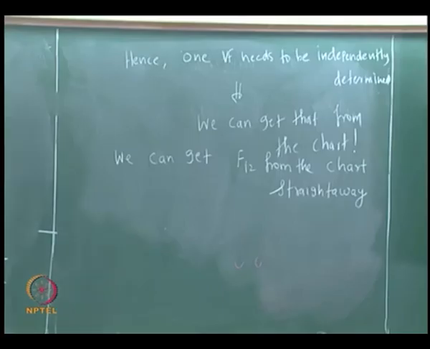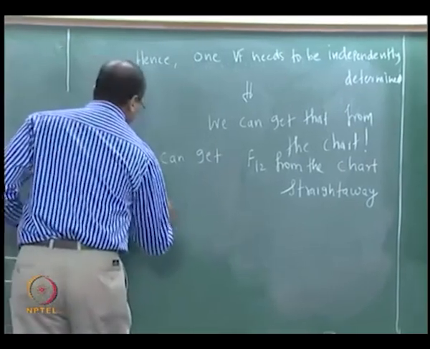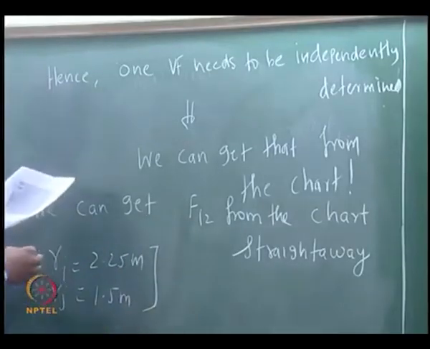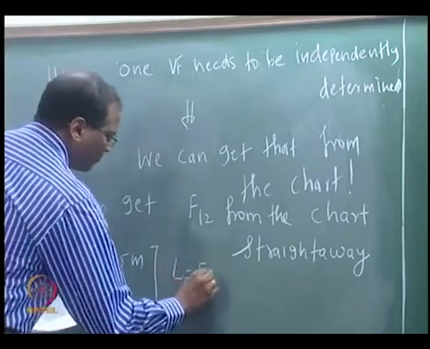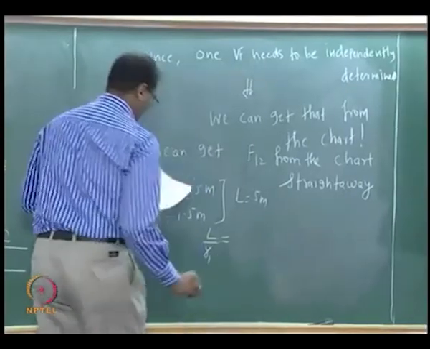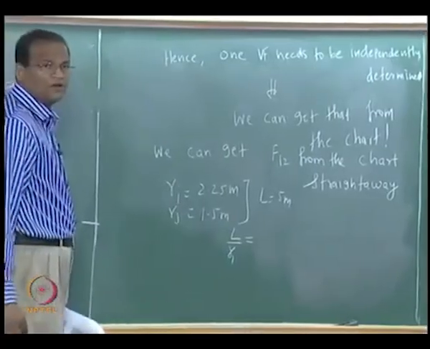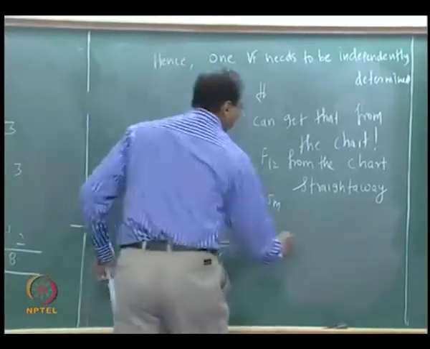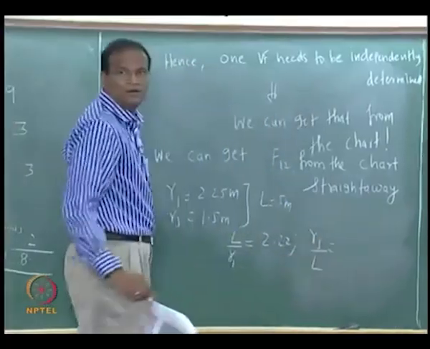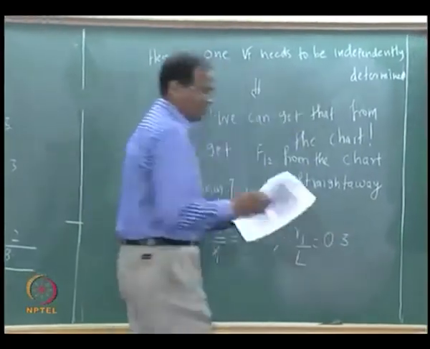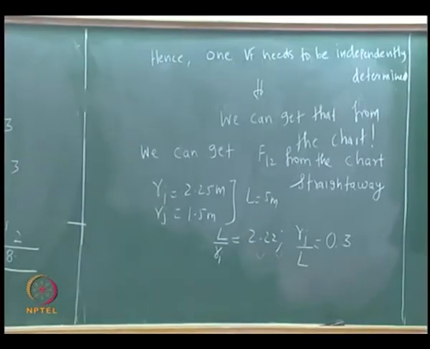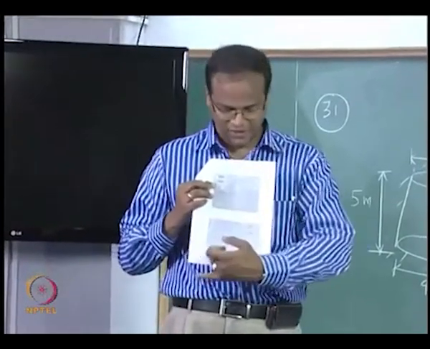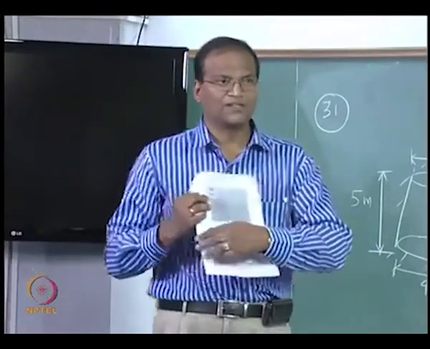Now, L by Ri, how much? 2.22. Then Rj by L. Based on L by Ri and Rj by L, you can straight away get F12.